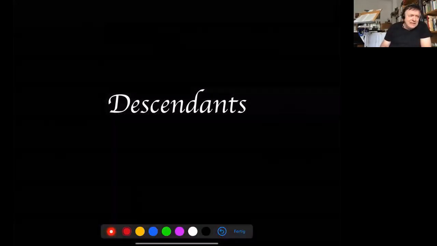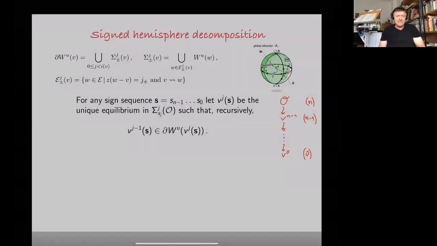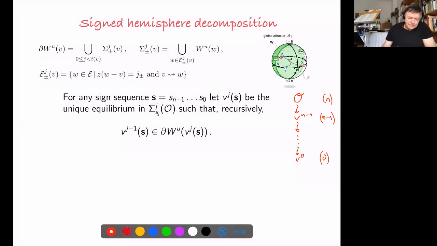Now, this in turn allows us to define what we mean by the descendants of an equilibrium. So given an equilibrium, which I call O, and I'm thinking of O like sitting somewhere here in the center of my 3-ball, and the unstable manifold in this illustration is a 3-ball.